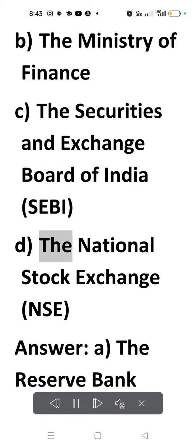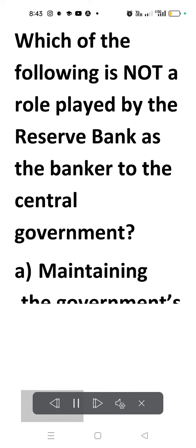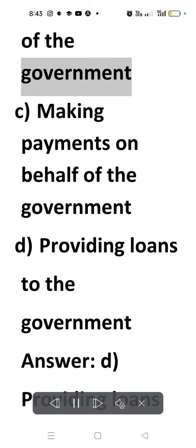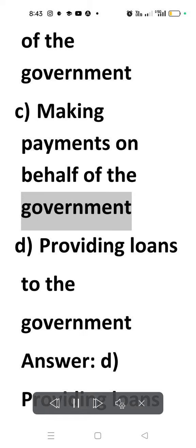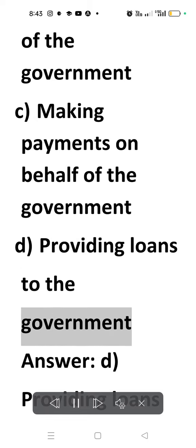Which of the following is not a role played by the Reserve Bank as a banker to the central government? Maintaining the government's accounts, receiving money on behalf of the government, making payments on behalf of the government, providing loans to the government. Answer: D. Providing loans to the government.